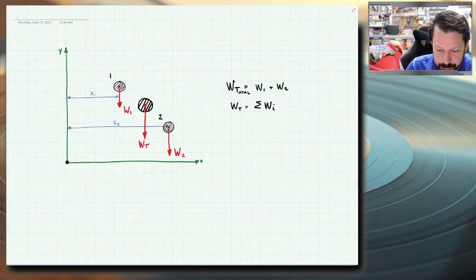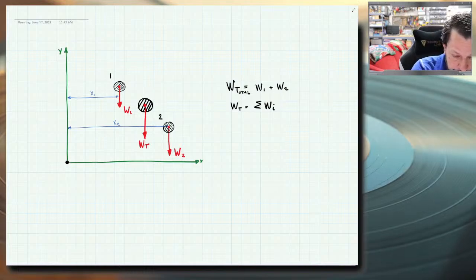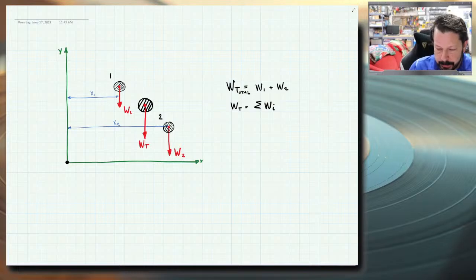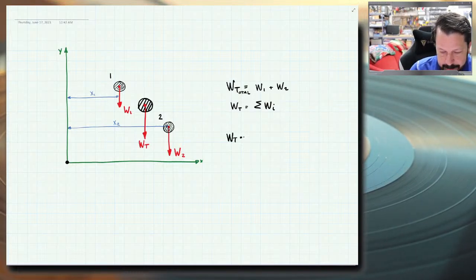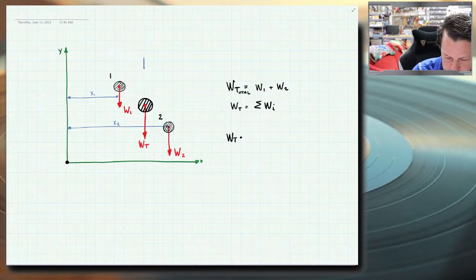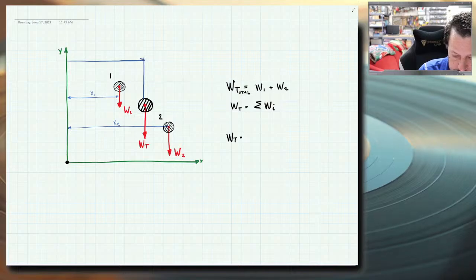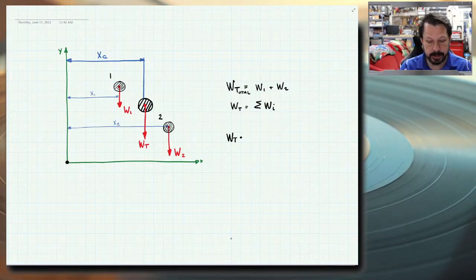The effect I want to create the same as is: if I take WT, the total weight, and multiply times this distance, I'm measuring everything from the y-axis right now. I'm going to call this x sub c, so this will be the location of the centroid of the group.